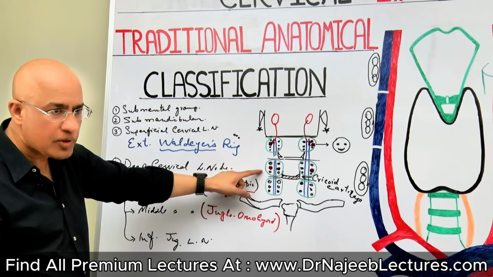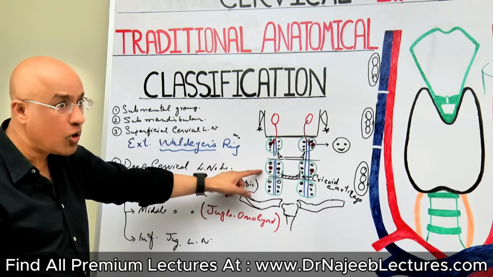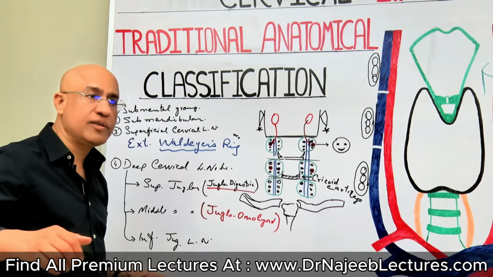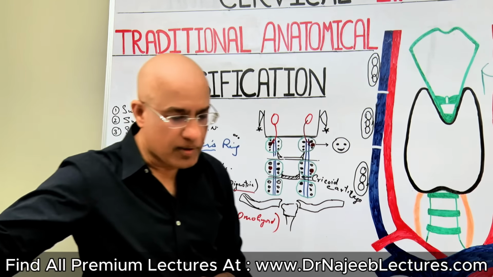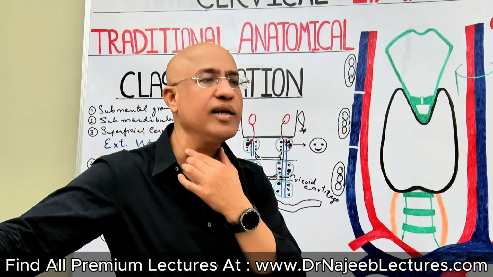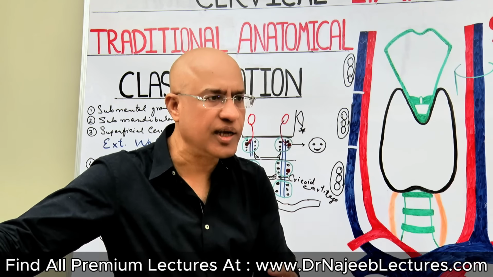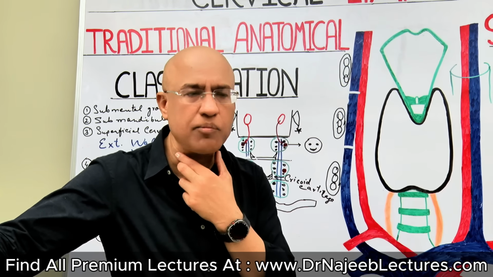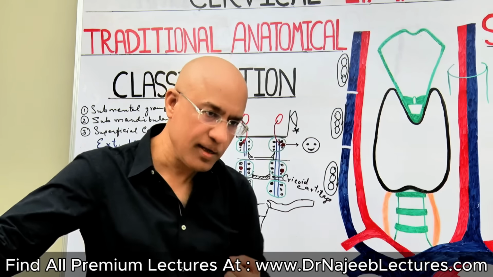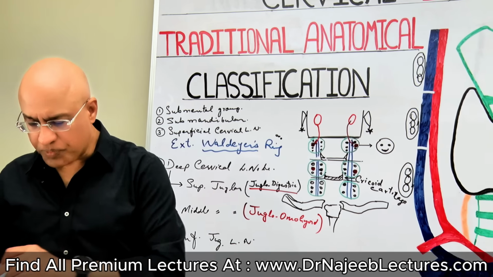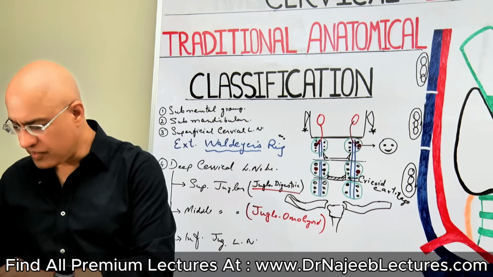In the middle group, the most important was jugulo-omohyoid lymph node, and it is very notorious for receiving the metastasis from many cancers in related area, from the drainage area, especially cancer from the floor of the mouth or pharynx or from the larynx, and even thyroid. Now, after these groups, we go to the next.